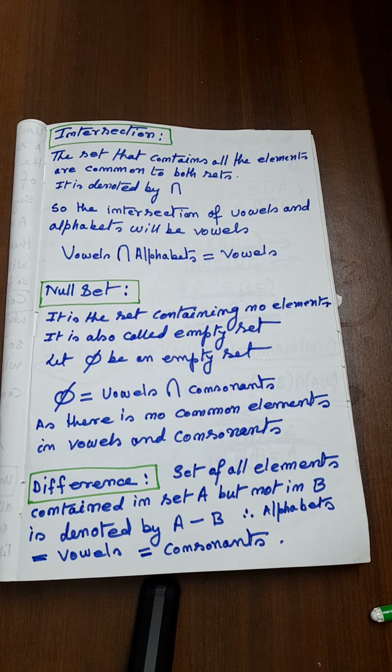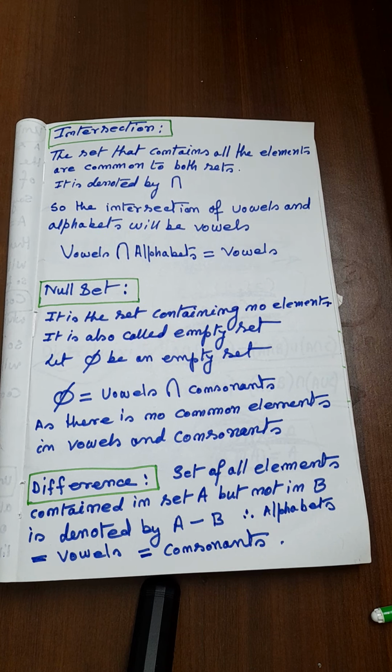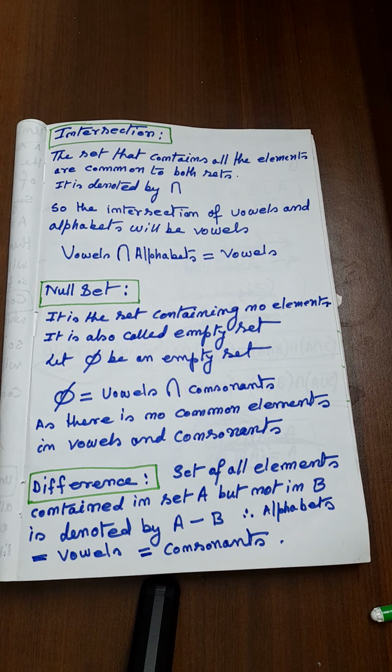Intersection means the common things, like if we take the intersection of the set of vowels and the set of alphabets, the result will be only the set of vowels, because in the set of vowels and in the set of alphabets, the only common things are vowels, that is A, E, I, O, U. So if we do the intersection of the set of vowels and the set of alphabets, the result of the intersection will be the set of vowels only. Okay.